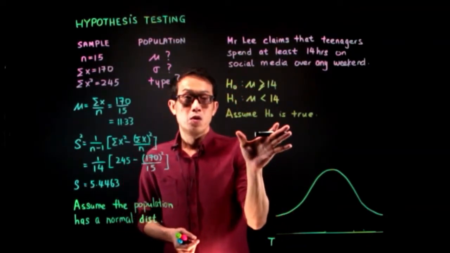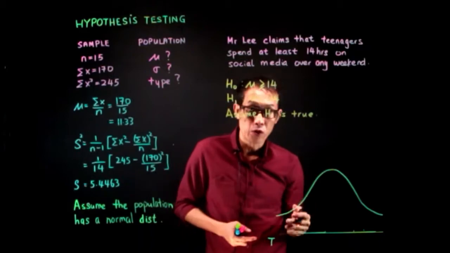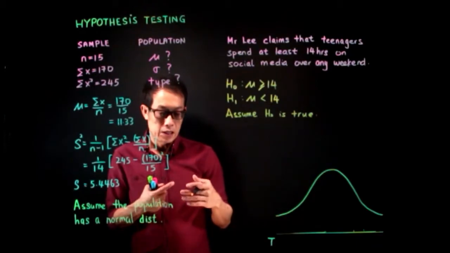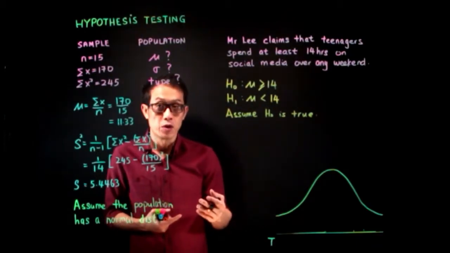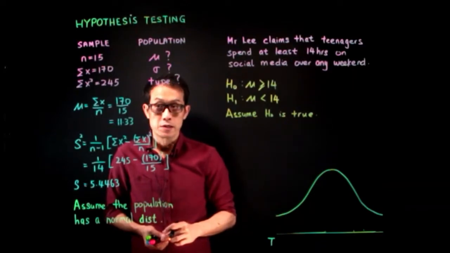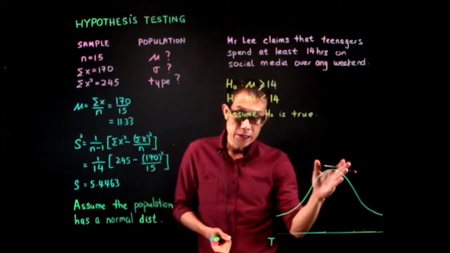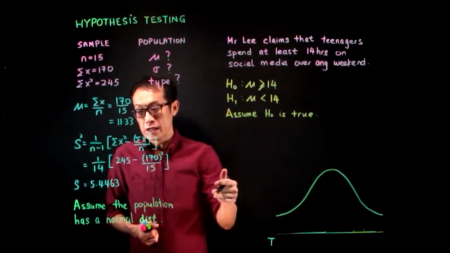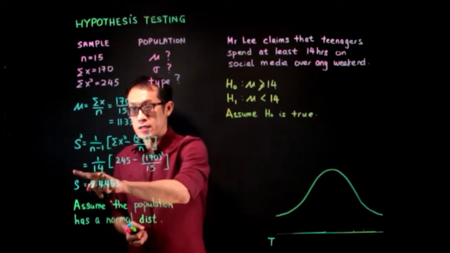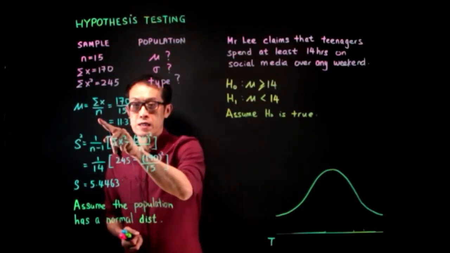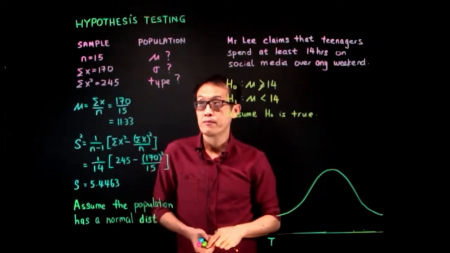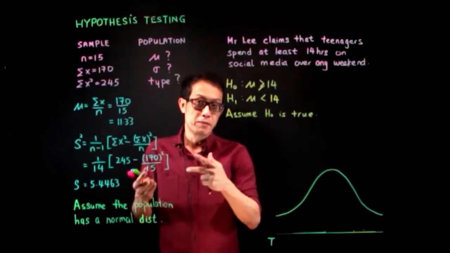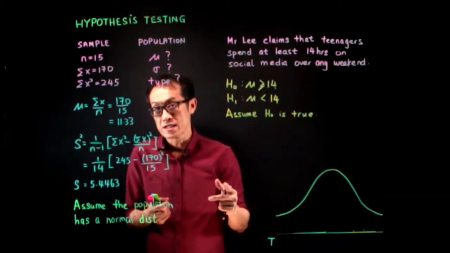There are two ways you can go about doing it: using the p-value or the critical value. You can go into your GDC, go under the t-test, and key in your sigma and your mean and your degrees of freedom, stating the significance level, and then it will give you the p-value and the t statistic.